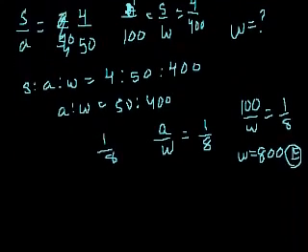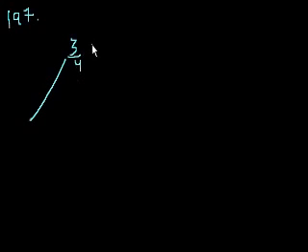Next question. 197. If 75% of a class answered the first question on a test correctly, so let's say 3/4 answered question 1 correctly. Let me write it this way.